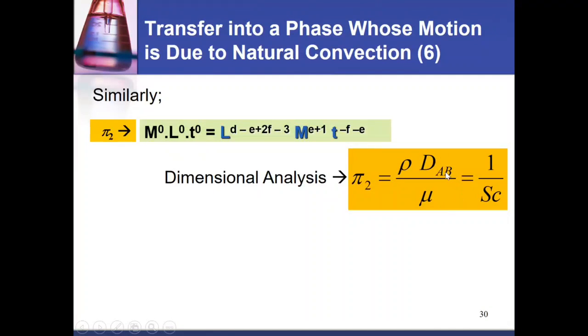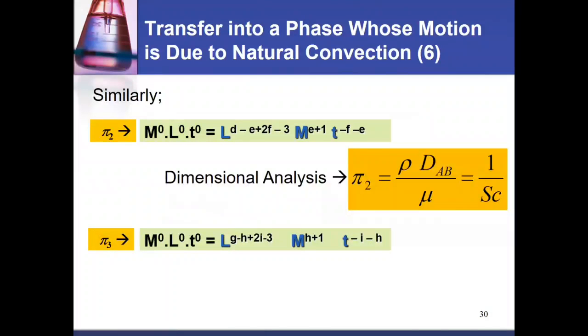And this is the reciprocal of the Schmidt number. The Schmidt number is mu over rho DAB, so it is 1 over the Schmidt number. And this is what we also need, okay? This is a common number, we know it, but just in terms of the reciprocal.